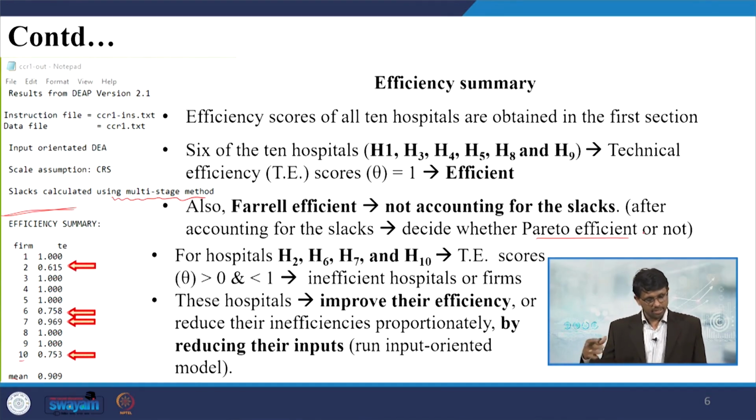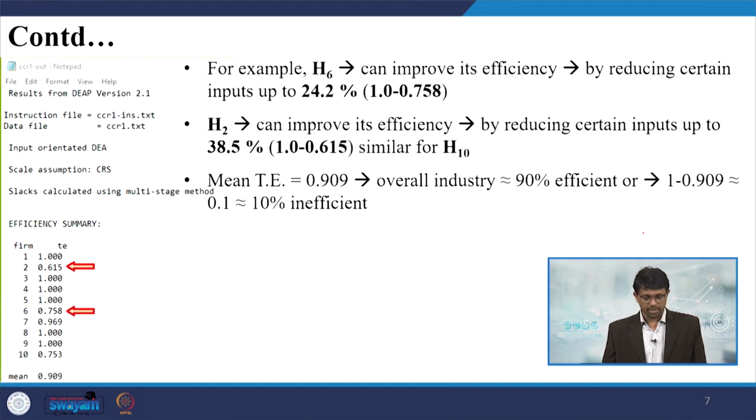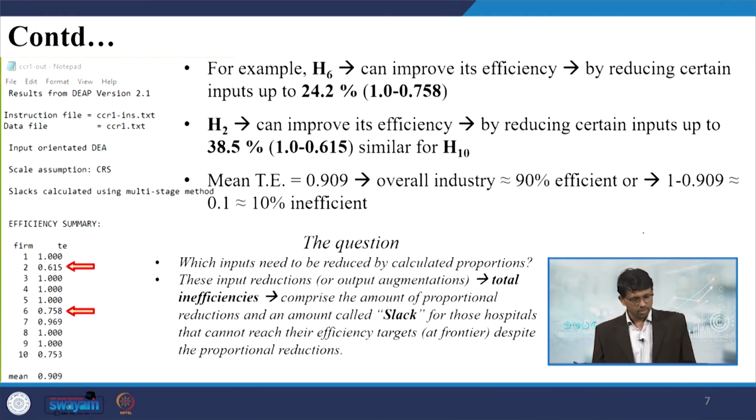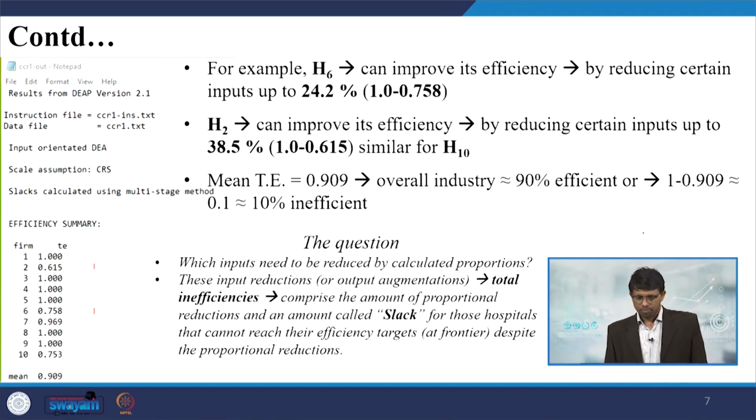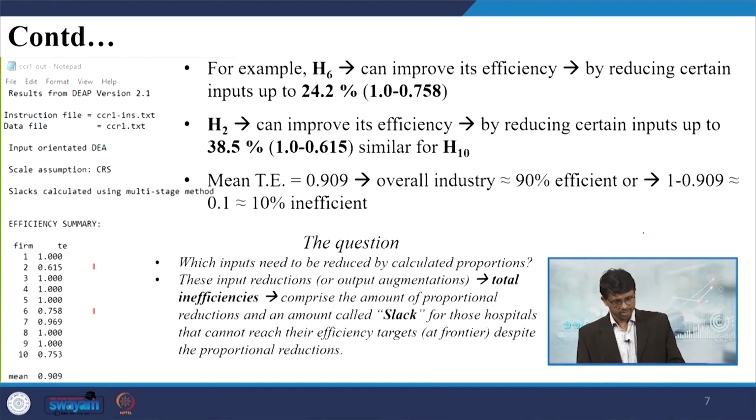So, it is still short of 1 for firm 2 and firm 6. Let us stick, at this moment, to explaining 6. So, for the case of 6, the difference is 1, the optimum score, minus 0.758. So, this is precisely 24.2%. Okay. So, we can improve its efficiency by reducing certain inputs up to 24.2%.